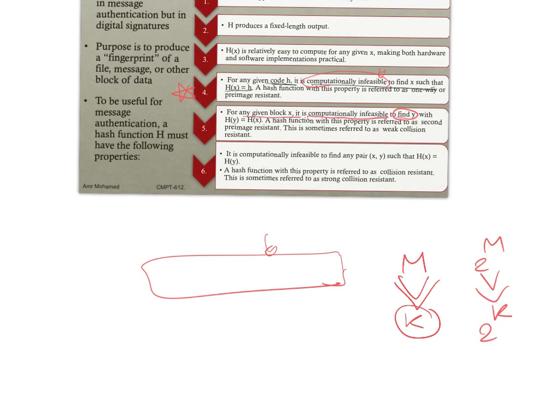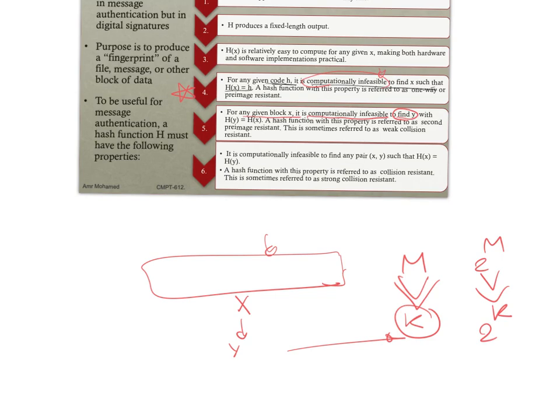But a strong hash function makes this collision hard, as hard as possible. Especially if I give you a message X, can you in fact produce a message Y such that the hash value is the same?